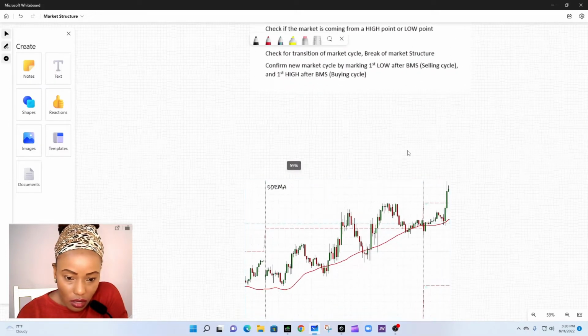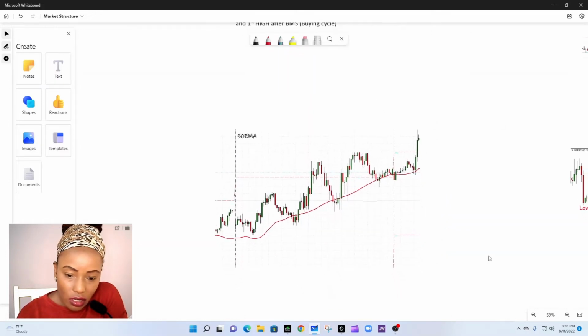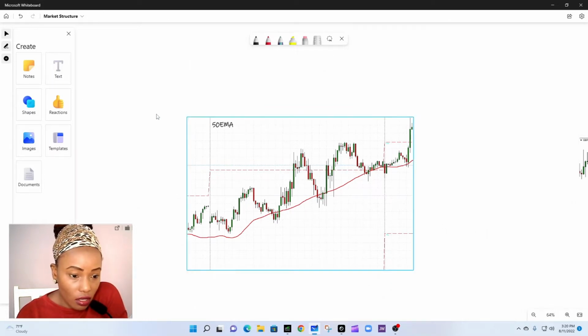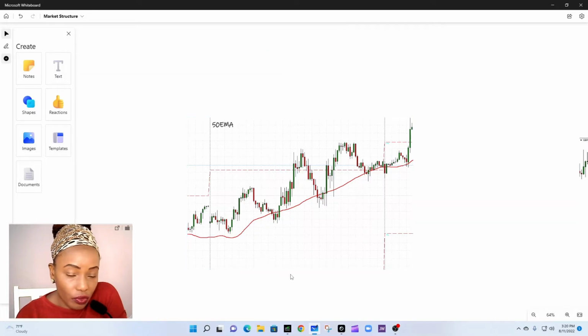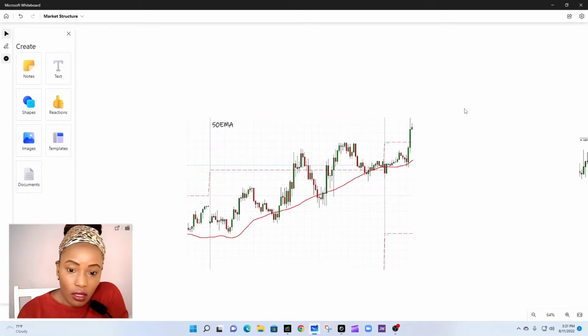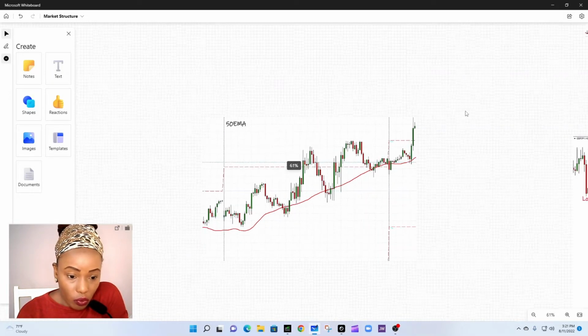And the exponential moving averages, you can customize to either 50 EMA, 20 EMA, 100 EMA or 200 EMA. The concept is the same with the trend line.